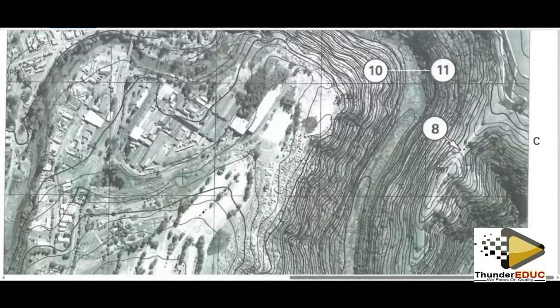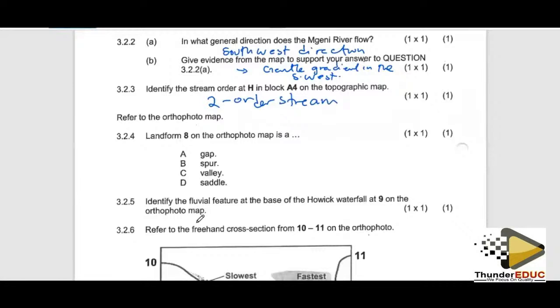Okay, landform 8, you can see point valence, steep on either sides. The second option is here, which could be either a spur, so it could be a spur or it could be a saddle.